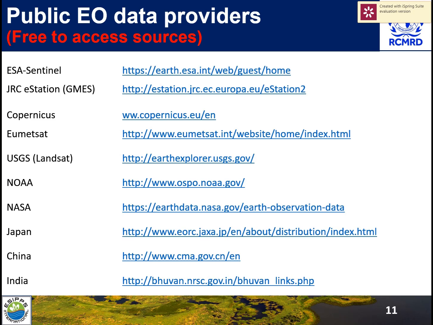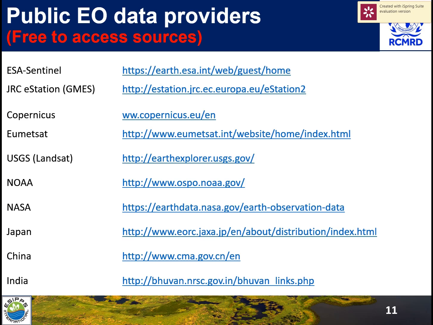Now, we will look at the different sources of Earth observation data. Here we can check out a few. The ESA, the European Space Agency, providing the Sentinel data, is one of the freely accessible sources of public Earth observation data.